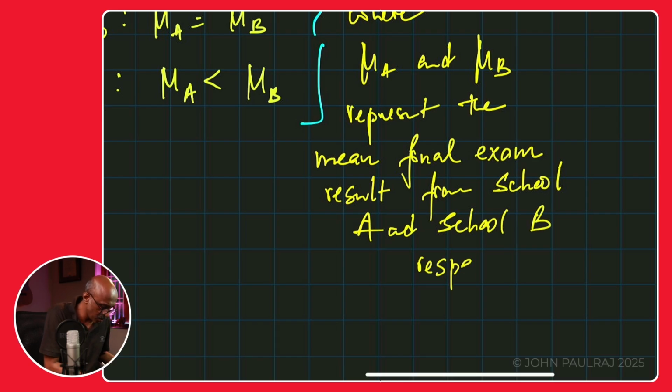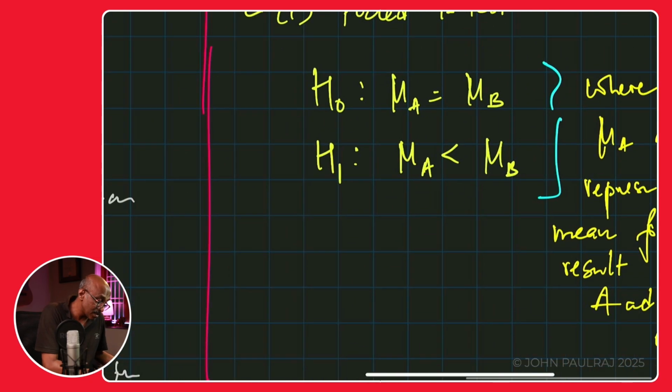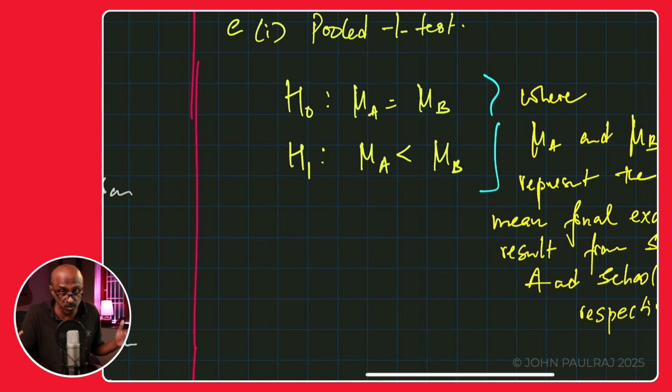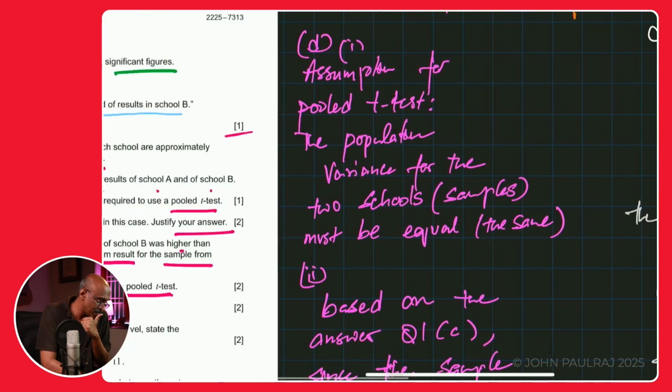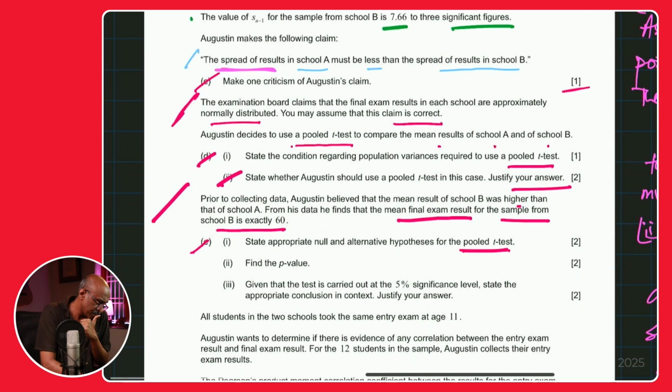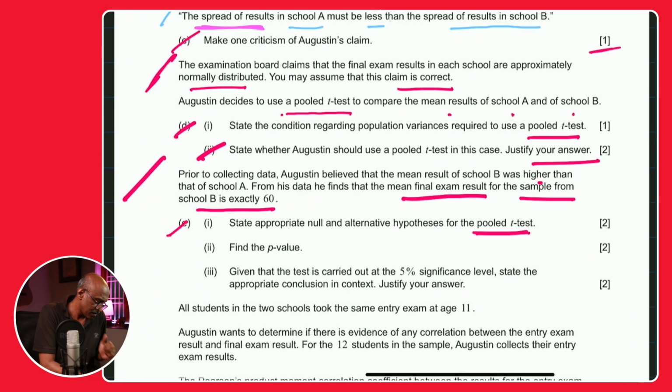Because we're using symbols that were not part of the question, and they haven't used those symbols in the question, since you're introducing them it's a good idea to explain what they mean. So that's the null and alternative hypotheses for E part 1.